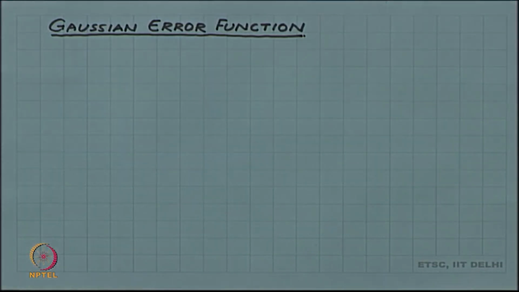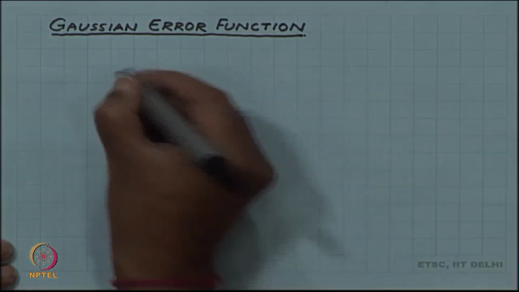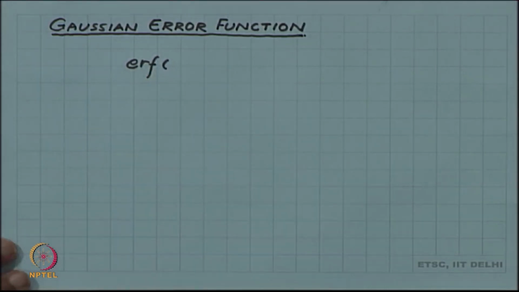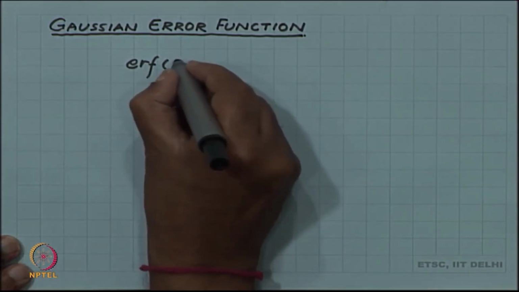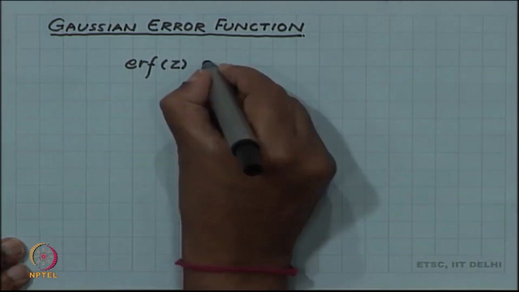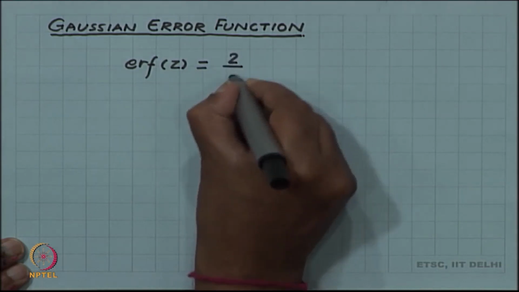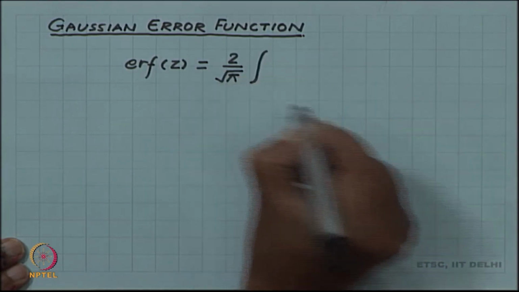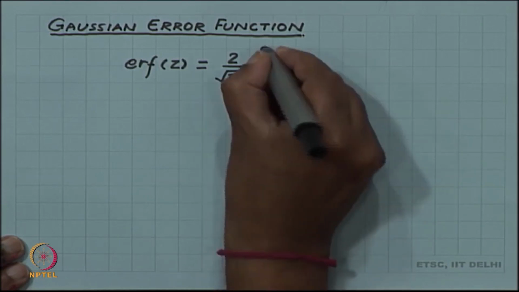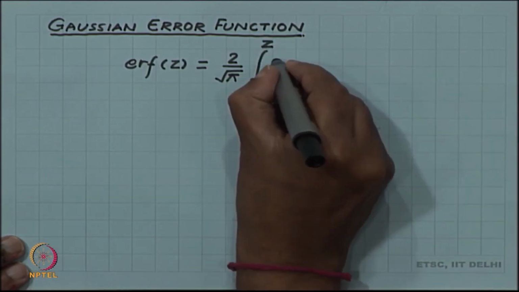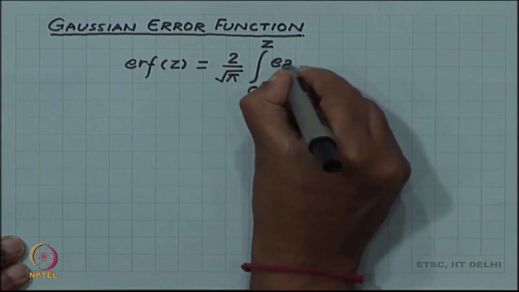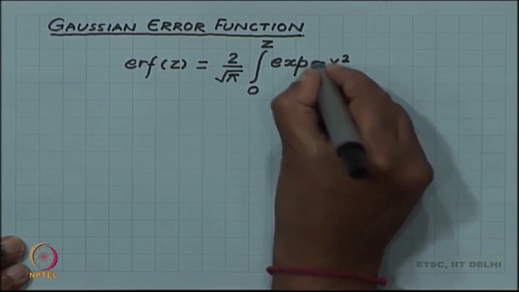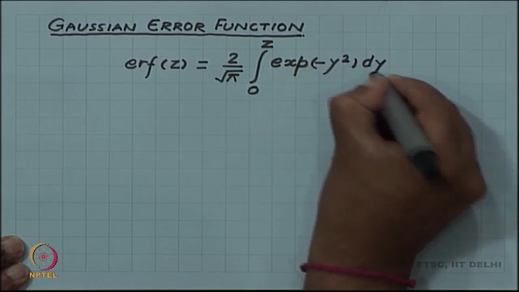The definition of the Gaussian error function is: error function for any given argument z is 2 by square root of pi, a numerical constant, times the integral with limits 0 to z of the exponential function minus y square dy.